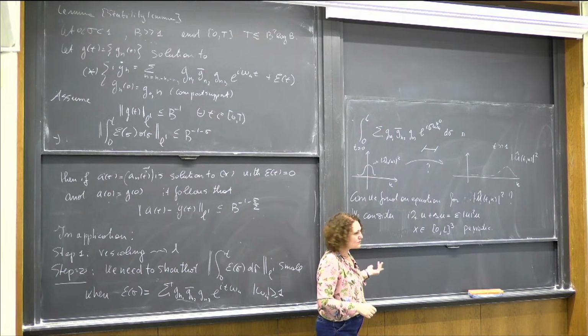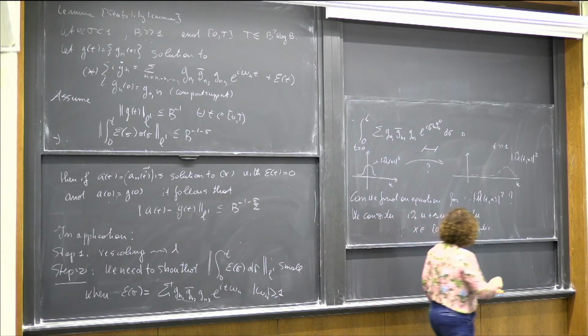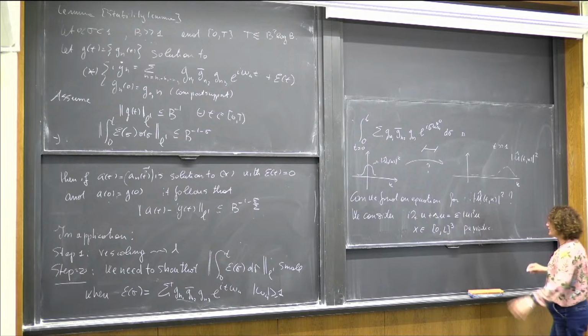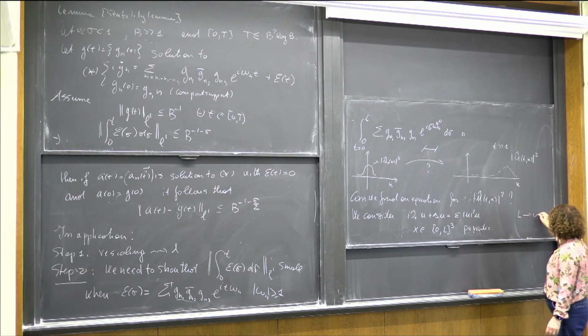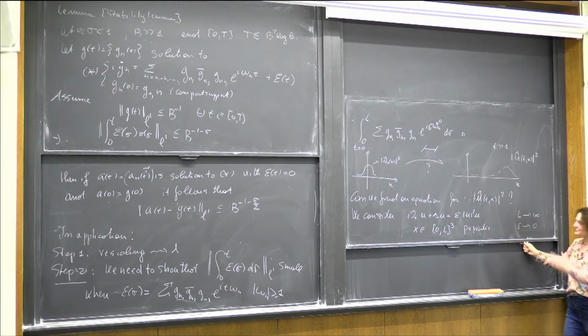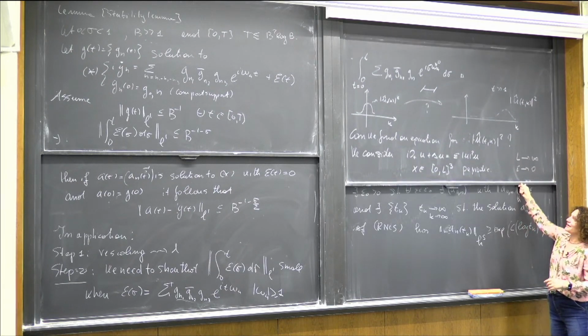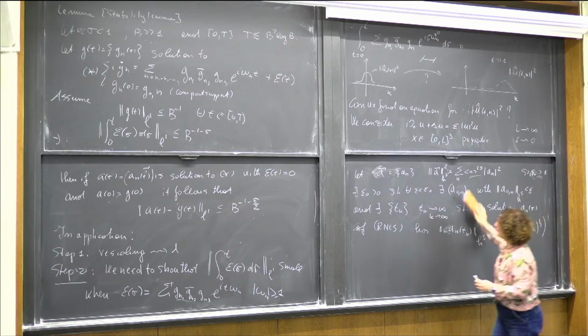So we're going to have these 2 parameters. In our derivation, we're going to let L go to infinity, and then we're going to let epsilon go to 0. And like I mentioned, there's supposed to be a probabilistic background.